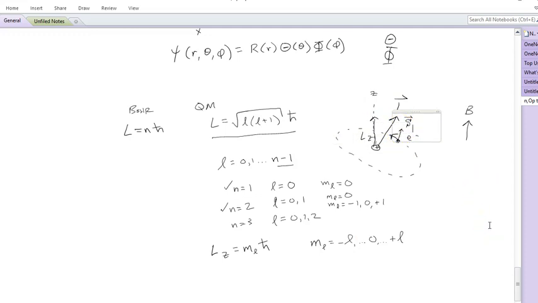The magnitude of the spin is the square root of little s, which can only be 1/2, times little s plus 1, which is 1/2 plus 1, times h bar. So 1/2 plus 1 is 3/2, times 1/2 is 3/4. So the size of this spin vector is always going to be radical 3 over 2 h bar for the electron.